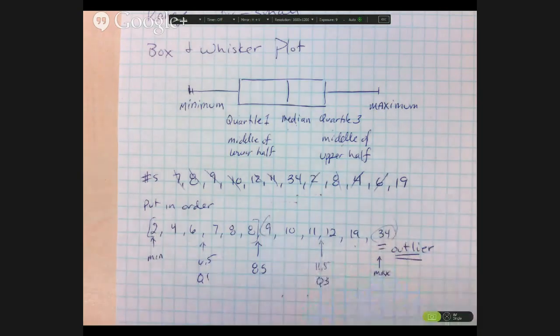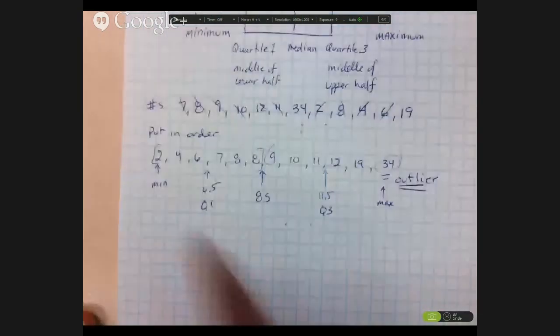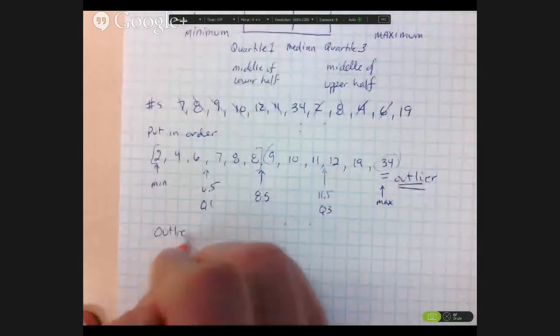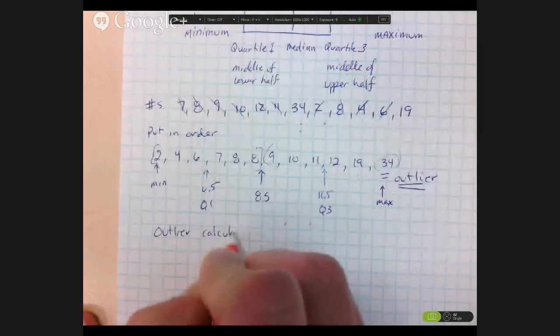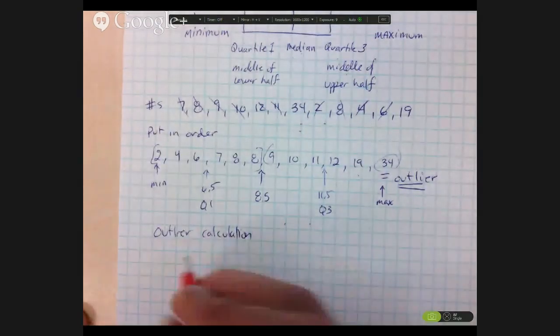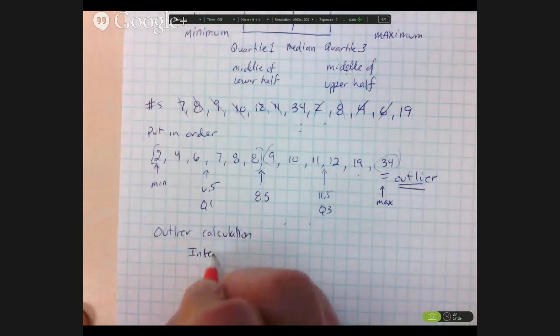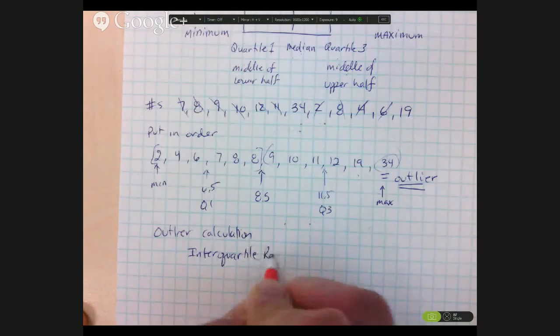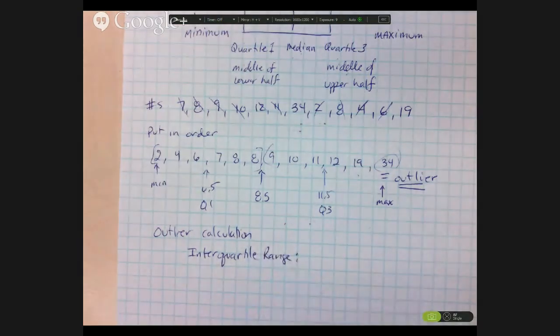Quartile 3. Okay. We need to check to see if that's an outlier. We need the interquartile range. Anybody guess what that is?